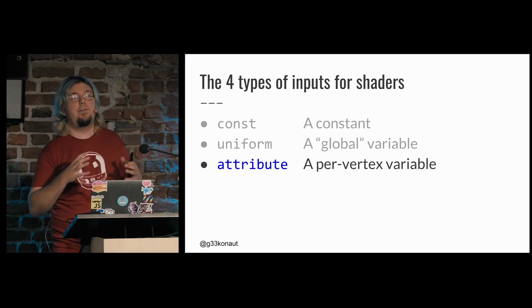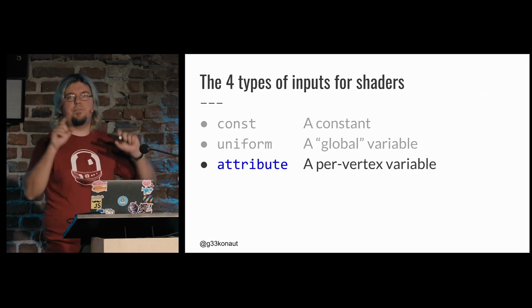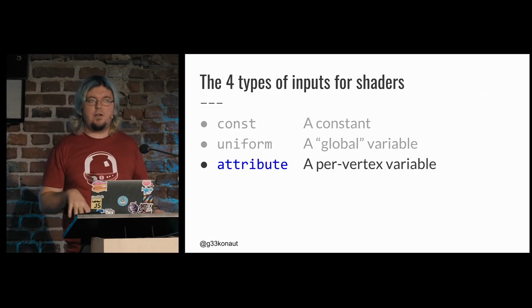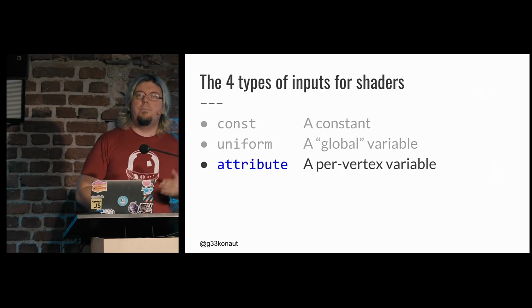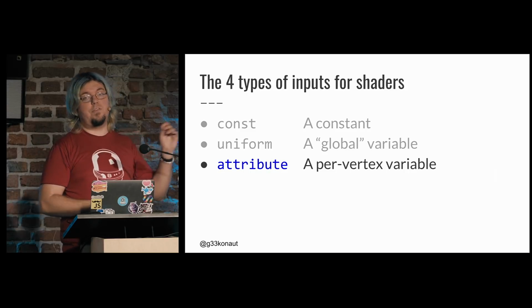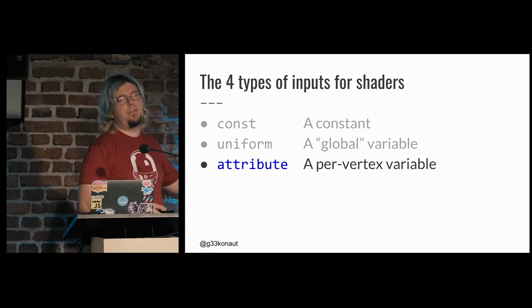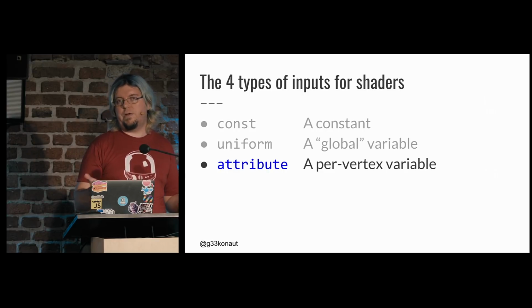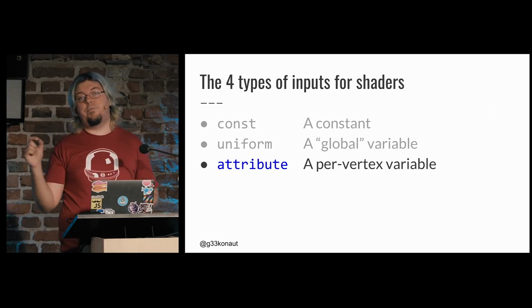If we have values that we need to set per vertex, so if we want the different corners to have different colors, for instance, or different distances, basically if you want anything that has a value per vertex, you can use an attribute. There's a limited number of attributes. I think it's 16 in WebGL that you can use. These are available in the vertex shader only because they are per vertex.